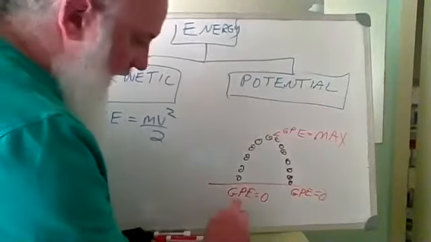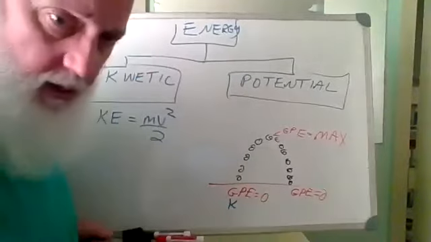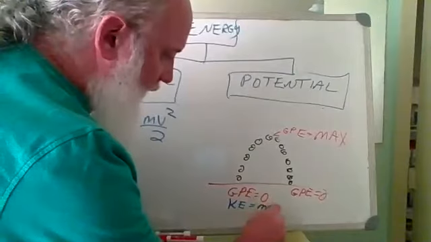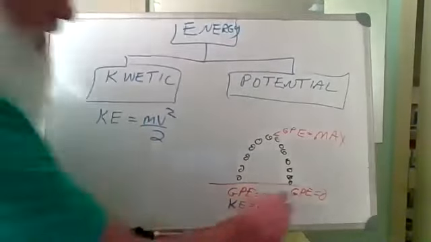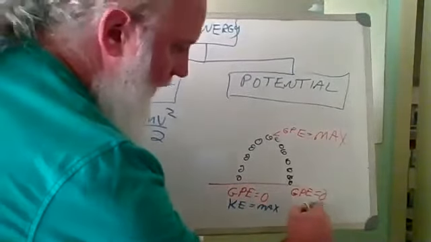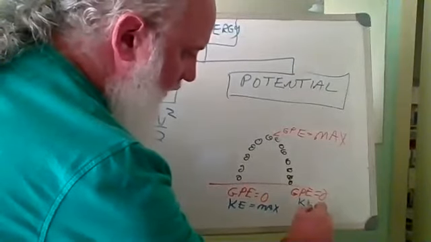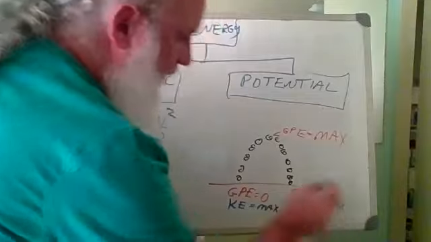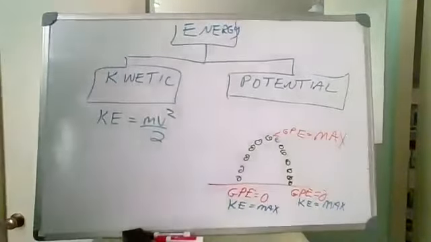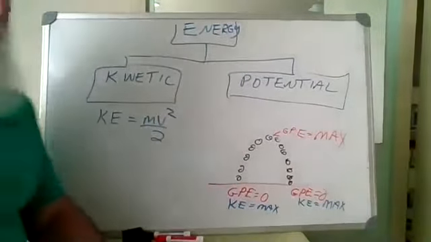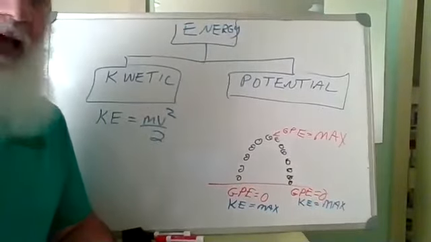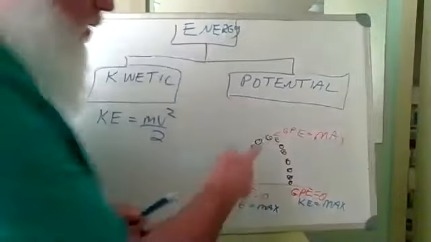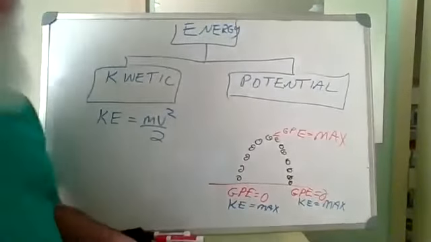So down here, the kinetic energy equals a maximum value, and it's going to equal a maximum value when it hits the ground on the other side. Where is the ball moving the slowest in that journey? At its peak. What is the velocity up here at its peak?